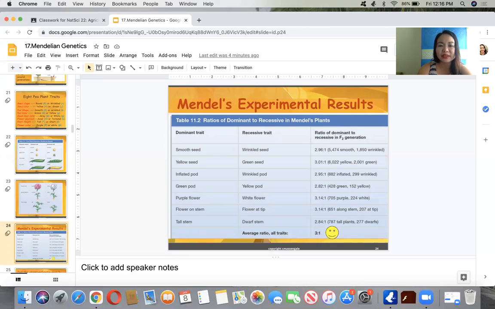Based on the experimental results, the ratios of dominant to recessive in Mendel's plants are as follows. The dominant traits are round seed, yellow seed, inflated pod, green pod, purple flower, flowers on the stem, and tall stem, while the recessive traits were wrinkled seed, green seed, wrinkled pod, yellow pod, white flower, flowers at the tip, and dwarf stem.